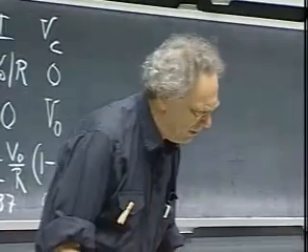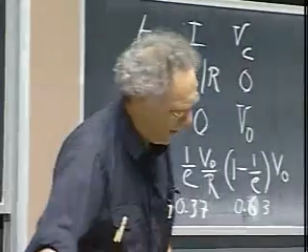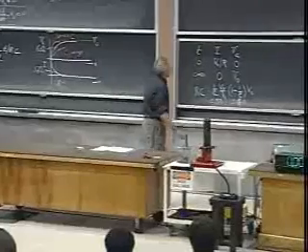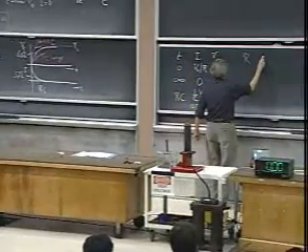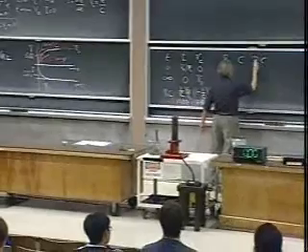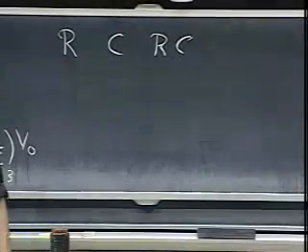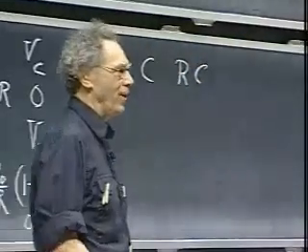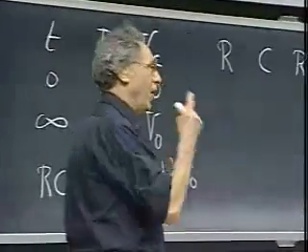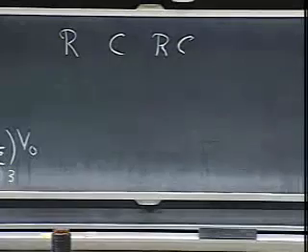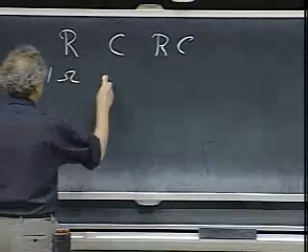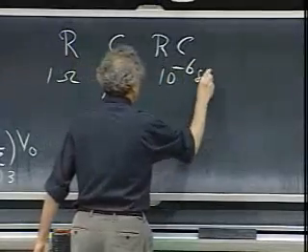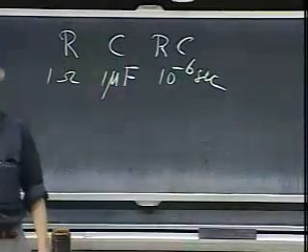And the RC times can vary an enormous amount, as you can imagine, depending upon the values for R and C. If we have here an R and a C, and we want to know what the RC time is, convince yourself that the product of R and C indeed has units of seconds. Remember, we had L over R before, which also had units of seconds. RC also has units of seconds. If you have R equals 1 ohm, and C is 1 microfarad, then the RC time is only a microsecond.